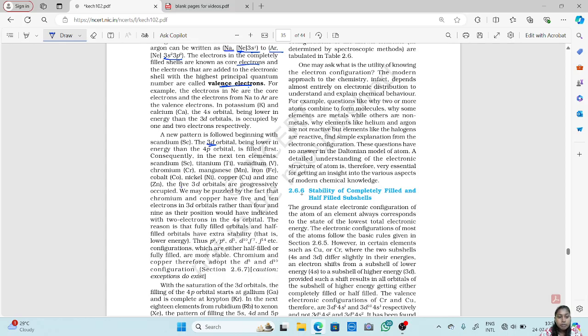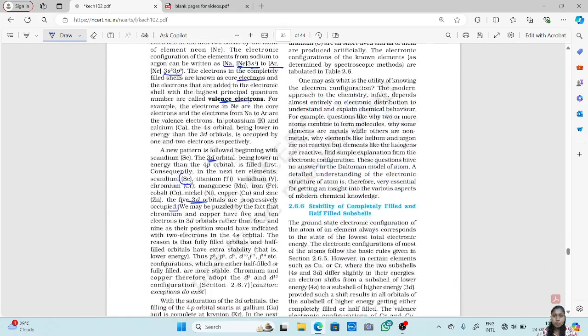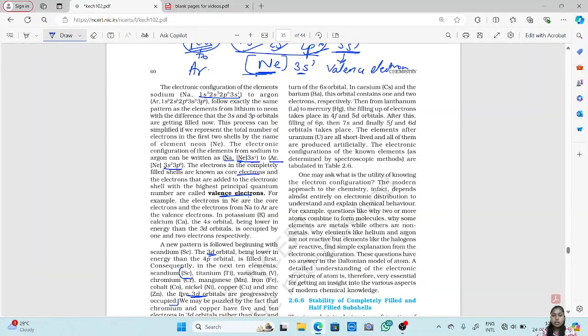These are the d orbitals. The five 3d orbitals are progressively occupied. Starting from here, all the electrons will start adding up in the 3d orbitals. There is also an exception with chromium and copper.